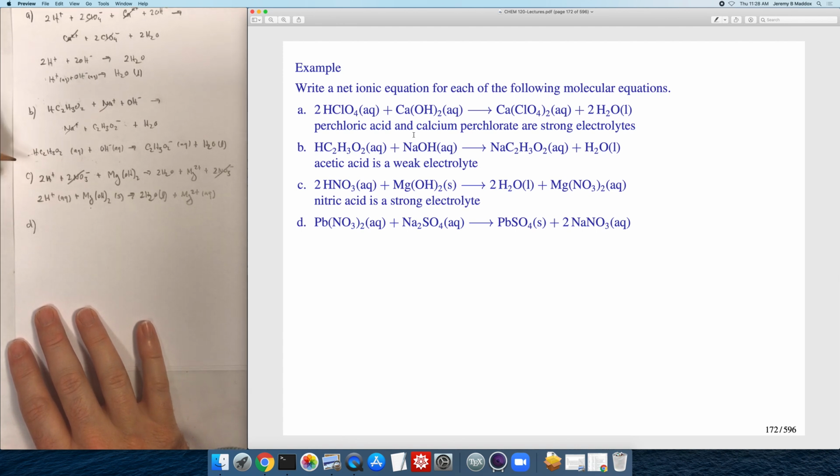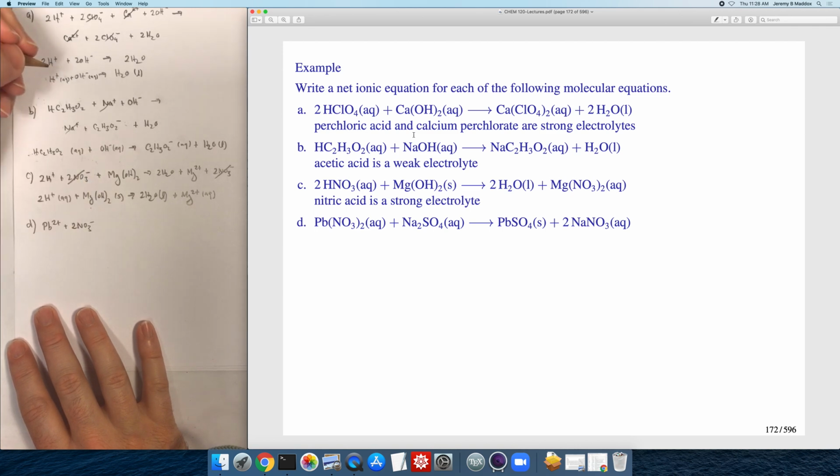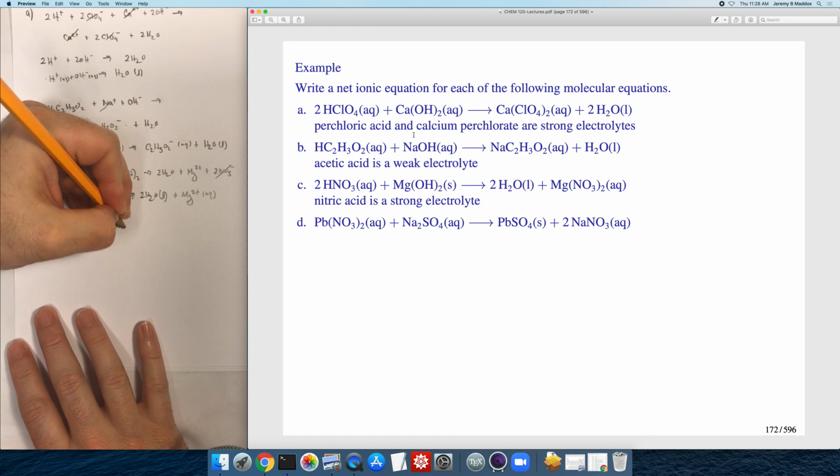And so lead nitrate is going to be very soluble, so we're going to break that one up. I should say lead 2 nitrate, and we've got 2 nitrates. The sodium sulfate is very soluble, so we'll break that up.